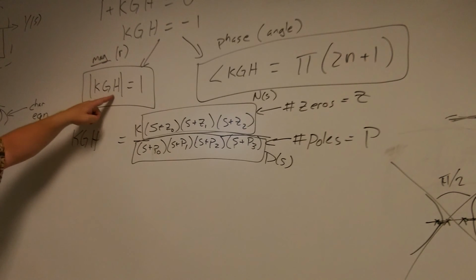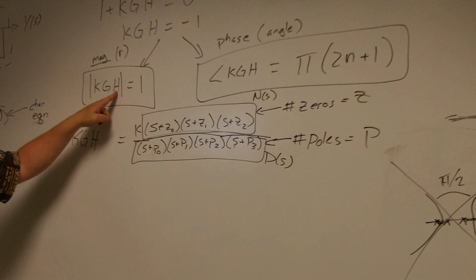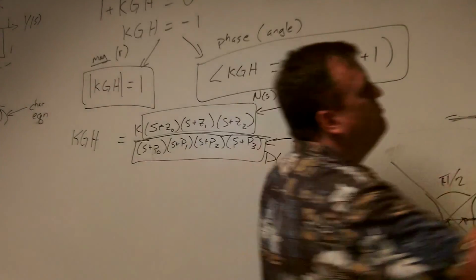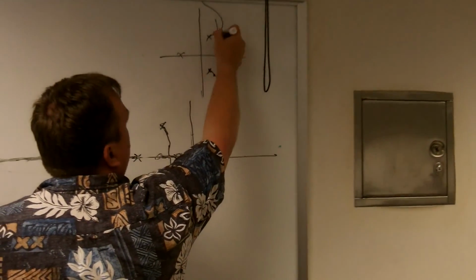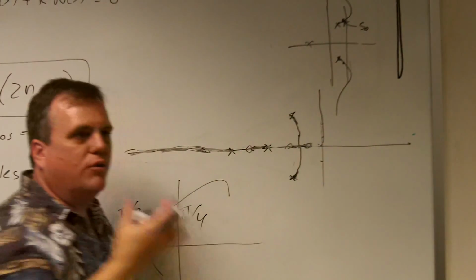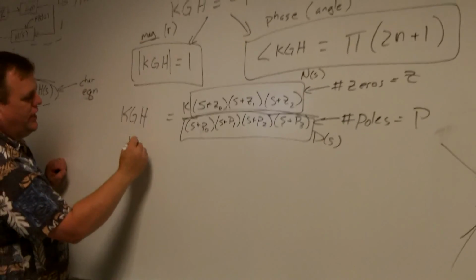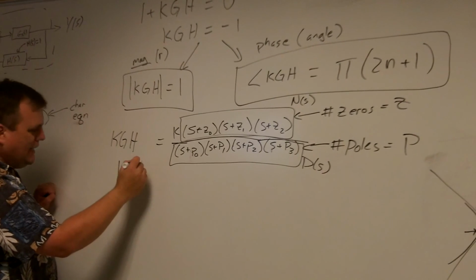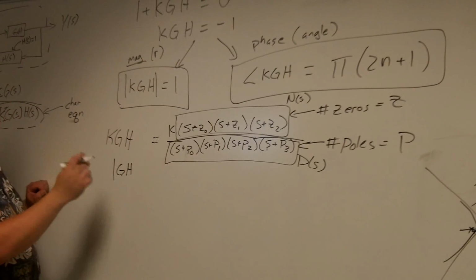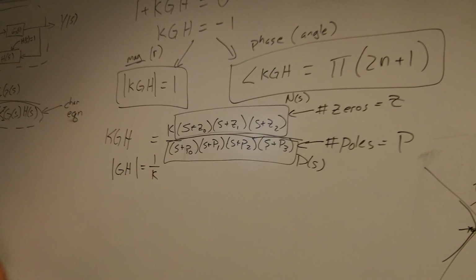Well, what this means is if you calculate for that particular value of s, pick your point, that gives you a particular value of s, say s0, whatever you want to call that point. This right here tells you that the magnitude of GH at any point has to be equal to 1 over k, assuming k is positive.